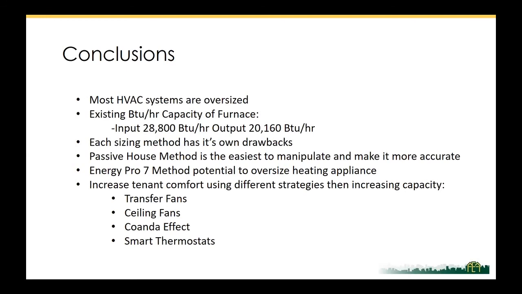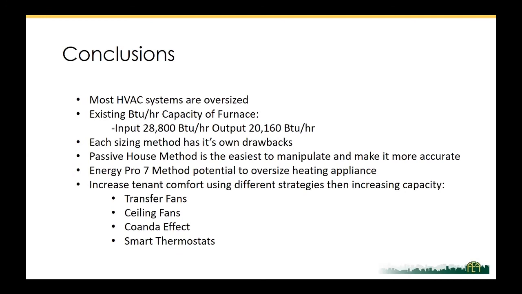In a lot of cases, we're taking these large wall furnaces and putting them into properties where the tenant has been used to just turning on a wall furnace and their unit is really hot already.